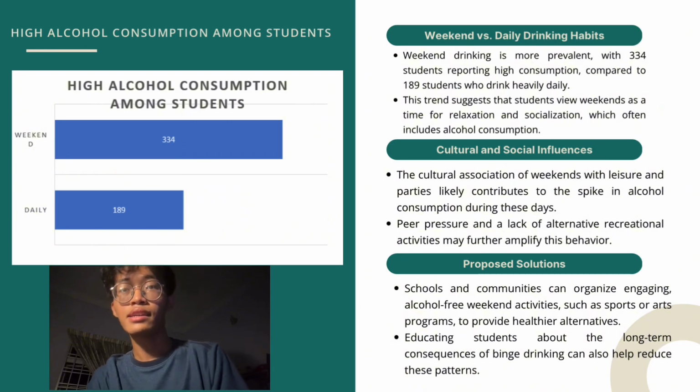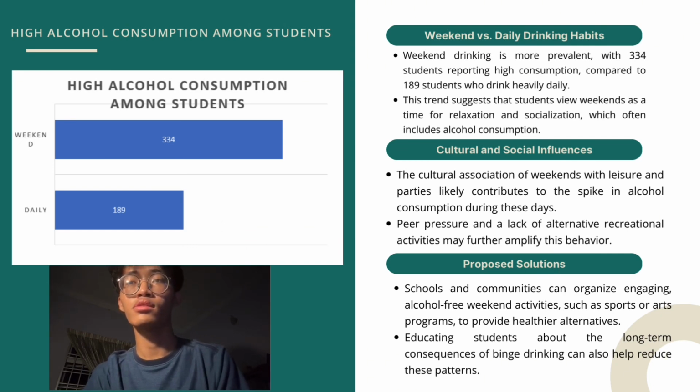So, lastly, another key insight is the distinction between daily and weekend high alcohol consumption. The data reveals that 334 students report high alcohol consumption on weekends, compared to 189 students who consume alcohol daily.